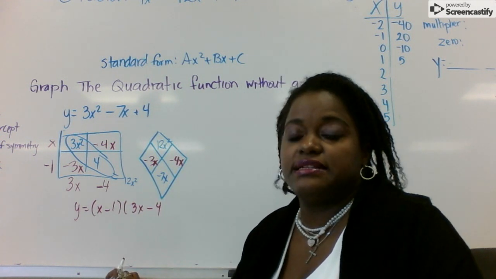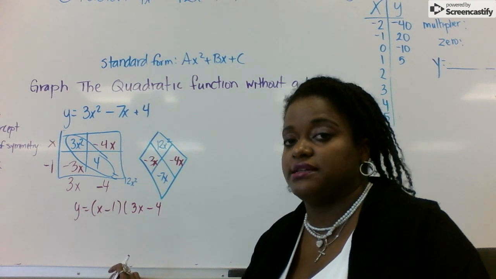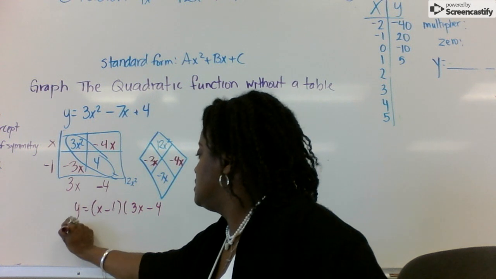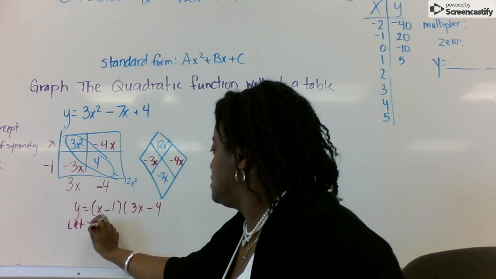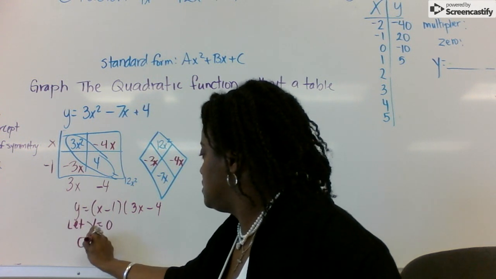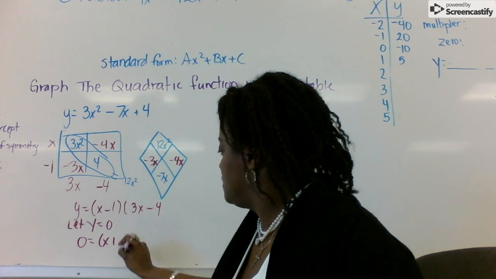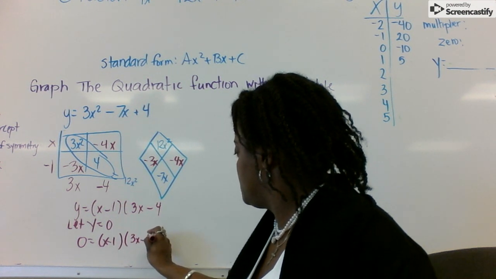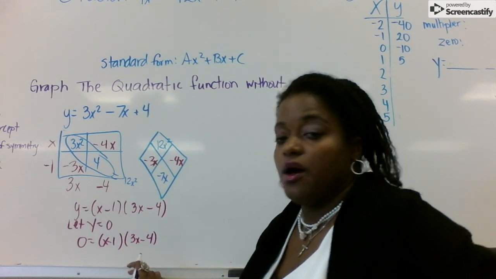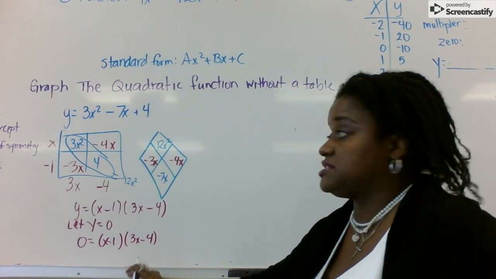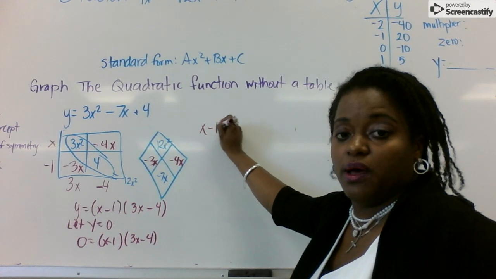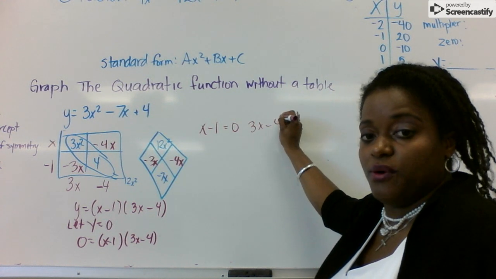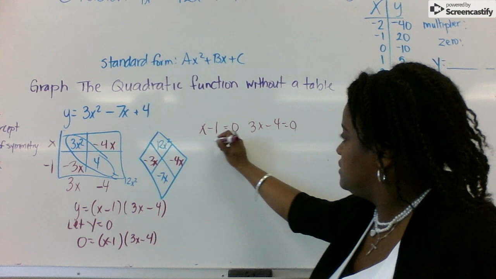Now I write it like this. And then I'm going to let y equal 0 so I can find the x-intercepts, or the roots. Okay, and now I have two problems I have to solve. X minus 1 equals 0, and 3x minus 4 equals 0.